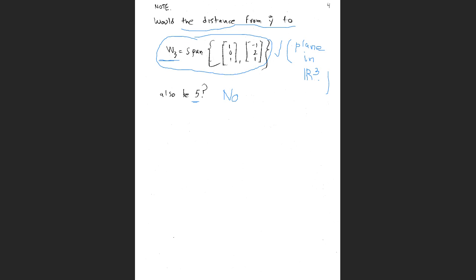So the answer's going to be, I want to be a little bit careful about this, it's going to be no. I'm just thinking, is it possible maybe just by luck it could be 5? No, I don't think so, because any other plane is going to have a different orientation to it.